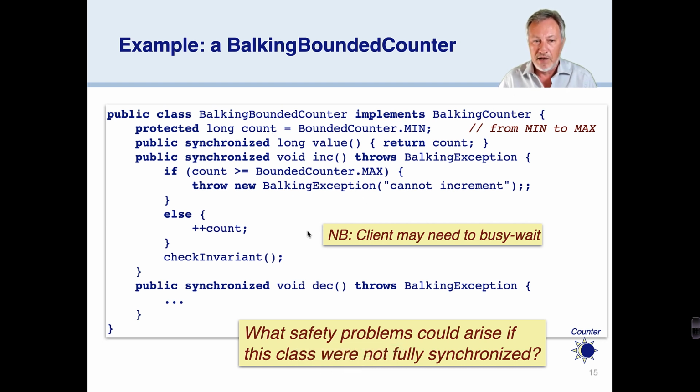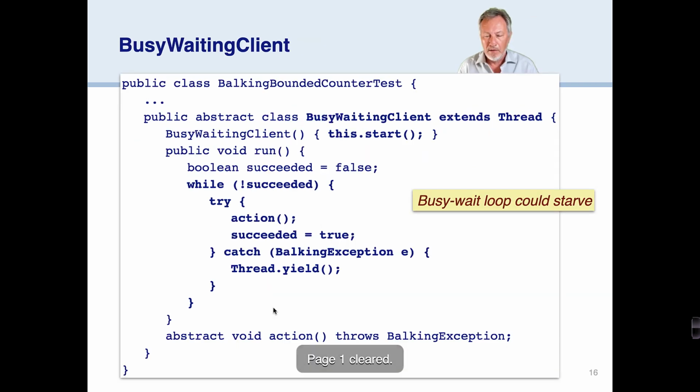Now the downside, as we'll see in a moment, is the client. How does the client know whether it can increment or decrement the counter? The only way it can do that is by sampling the value, which is not ideal. And that means that the client may need to busy wait. So here we have a busy waiting client. What it does is it simply loops trying to perform an action.